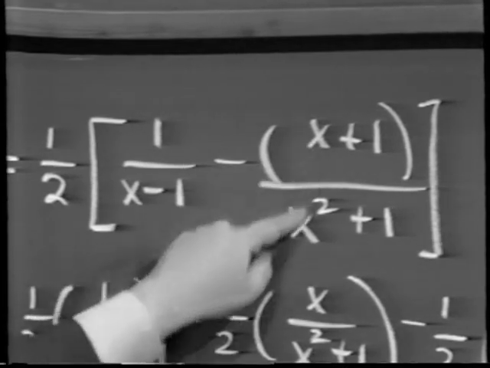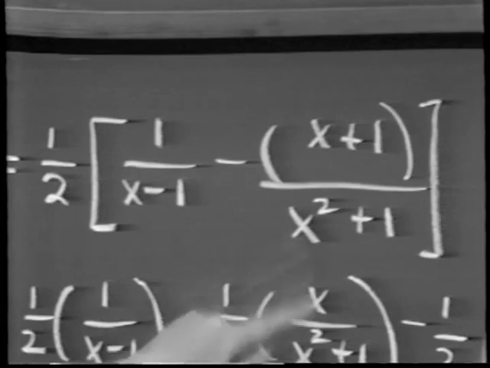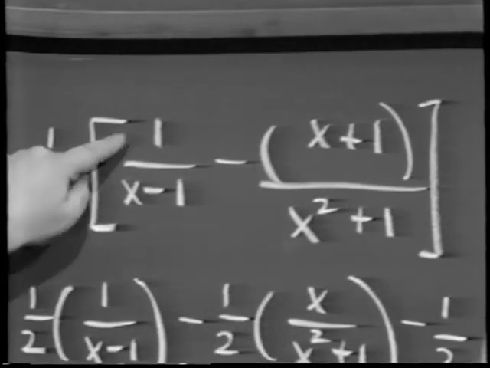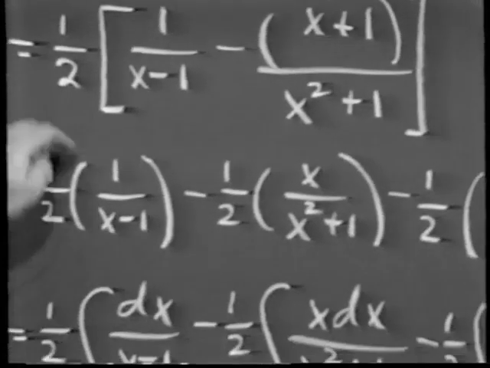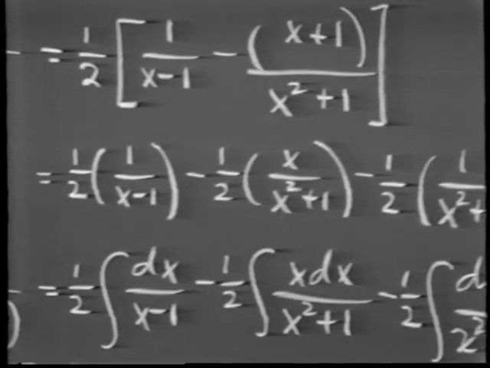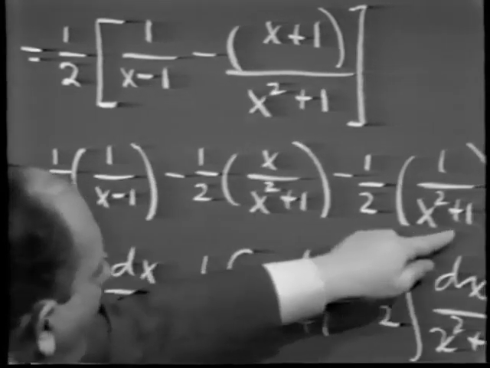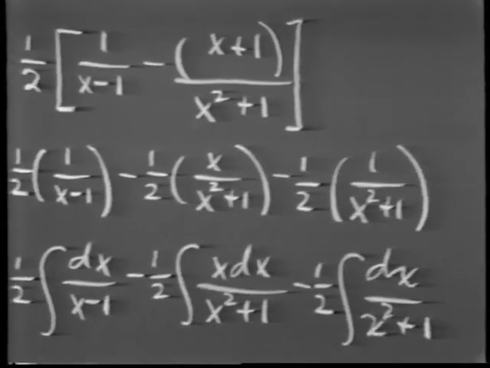By the way, I can separate this into 2 terms, each of which has a denominator of x squared plus 1, and I get what? A half times 1 over x minus 1 minus a half times x over x squared plus 1 minus a half times 1 over x squared plus 1.